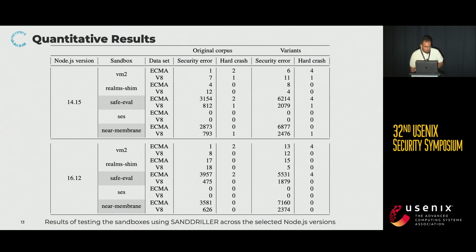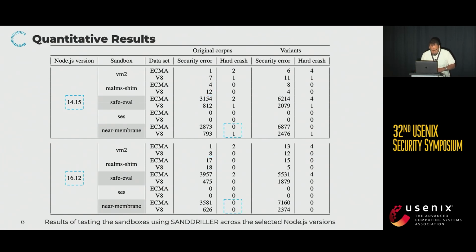As a result, we can see here that the number of security errors depends on the version of Node.js. This can be translated as new language properties being added to newer versions of Node.js, which might not be covered by those sandboxes.